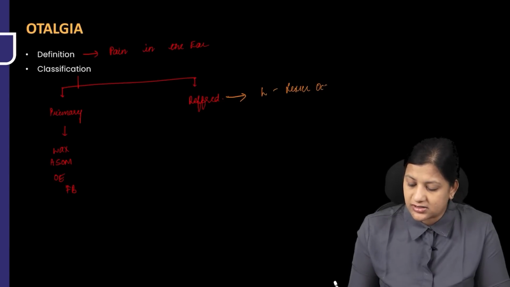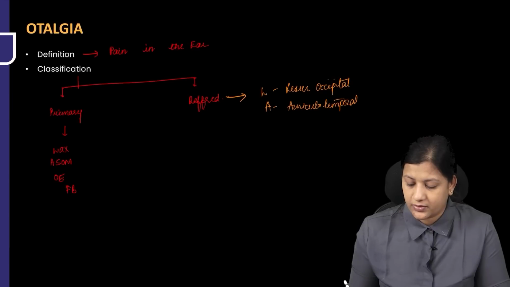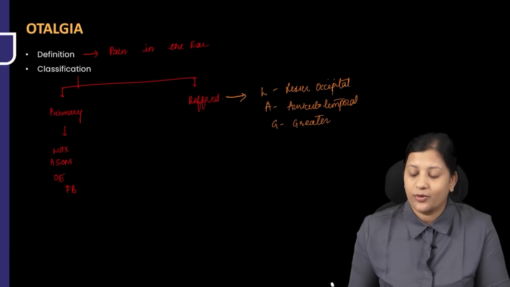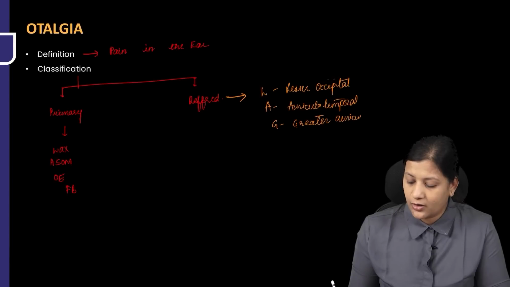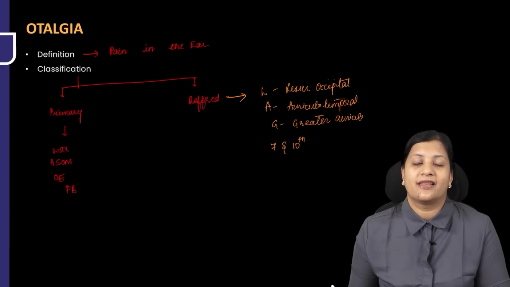L stands for lesser occipital, A for auriculotemporal, G for greater auricular. Along with that, the 7th nerve and 10th nerve supply the pinna.